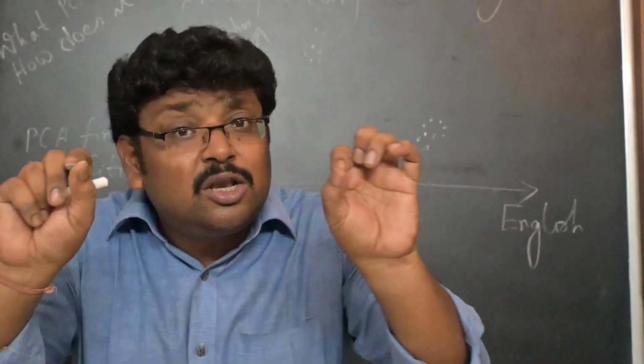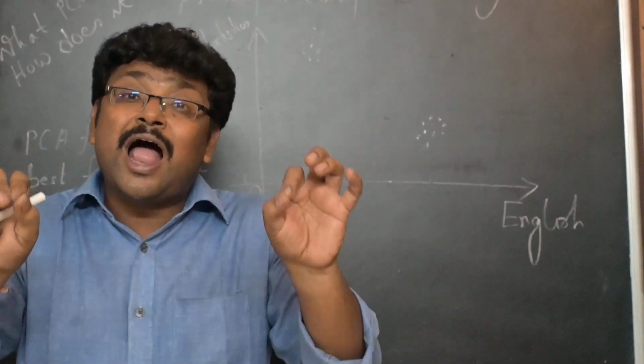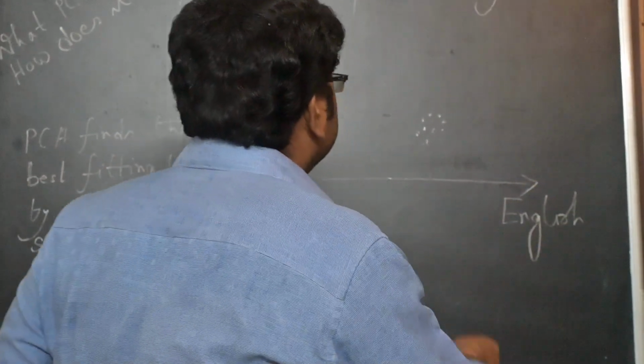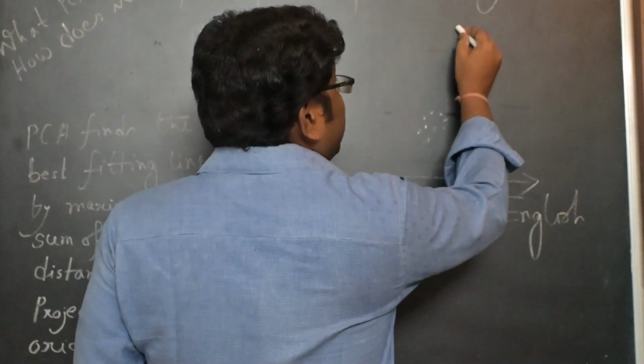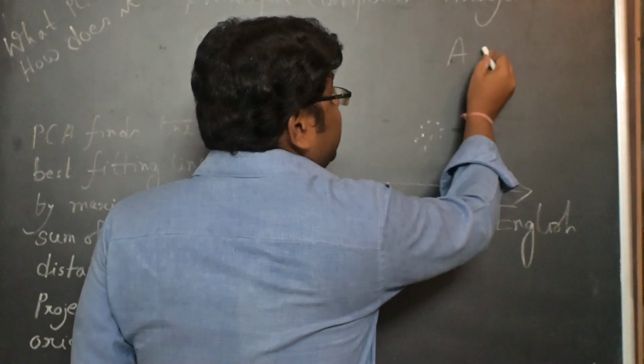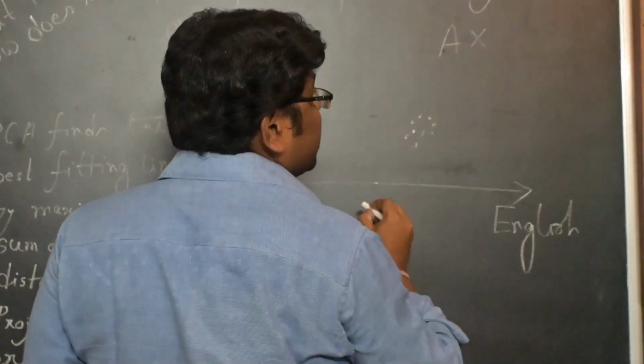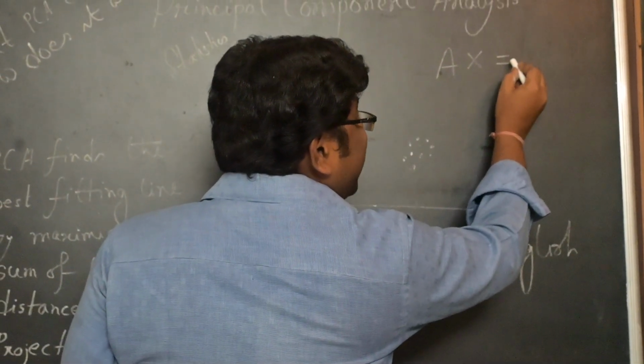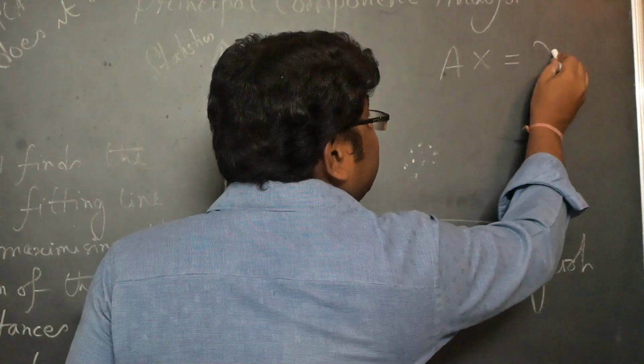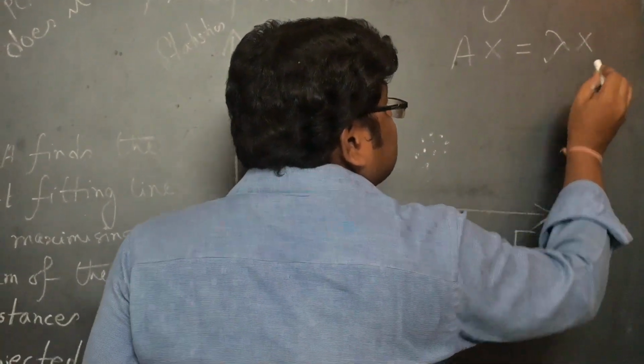With a mathematical notation, I could write it in such a way that suppose there is a matrix A and you multiply the vector x and you get lambda x.